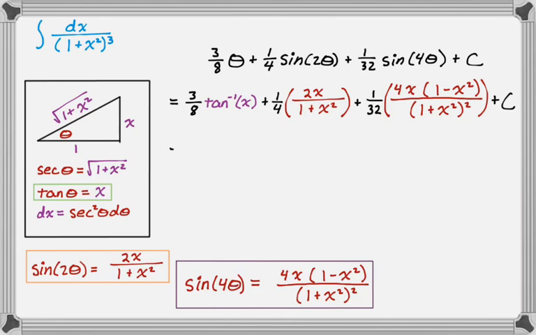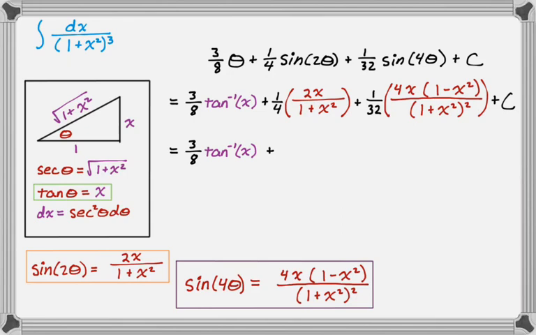So the 3/8 arctan, nothing can be done with. But all this algebraic stuff, if I were to get a common denominator, it looks like it would be 8 times the quantity 1 plus x squared squared. So that's what I'm going to go for here. I'm looking for a common denominator. It's going to be 8, the quantity 1 plus x squared squared.